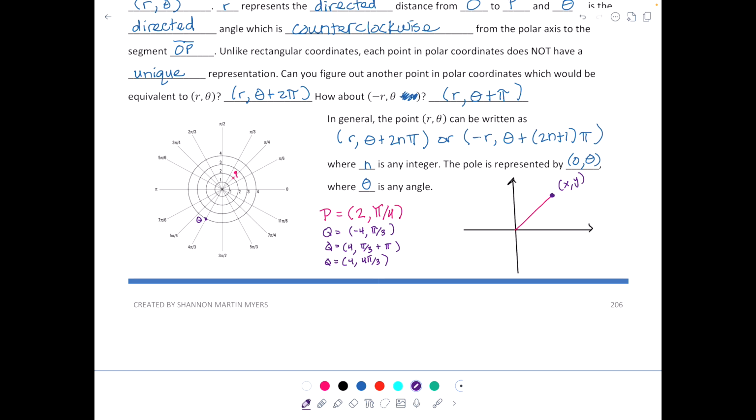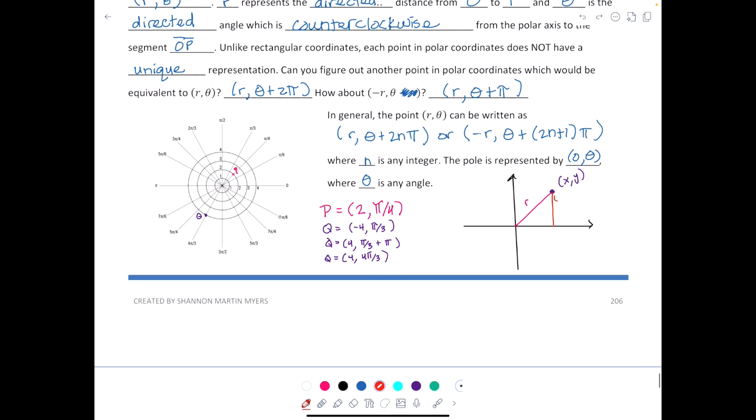This part here would be r, and then you could drop down an altitude right here, and this distance would be y. And then, of course, you have some theta, which would be rotating counterclockwise.